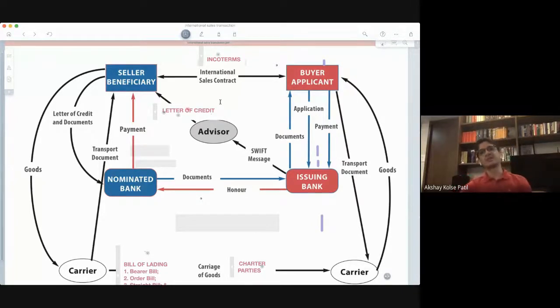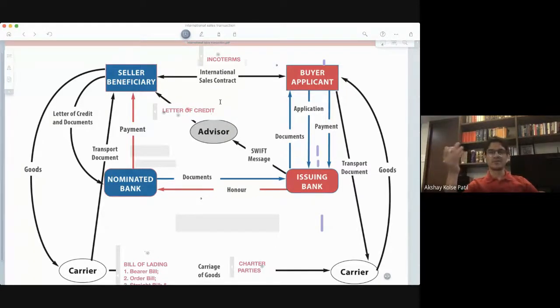The rules governing letters of credit are currently the UCP 600 rules, the Uniform Customs and Practice for Documentary Credits. These are rules formed by the ICC, which are very detailed rules which tell how a bank should evaluate a letter of credit, how banks should deal with the letter of credit.